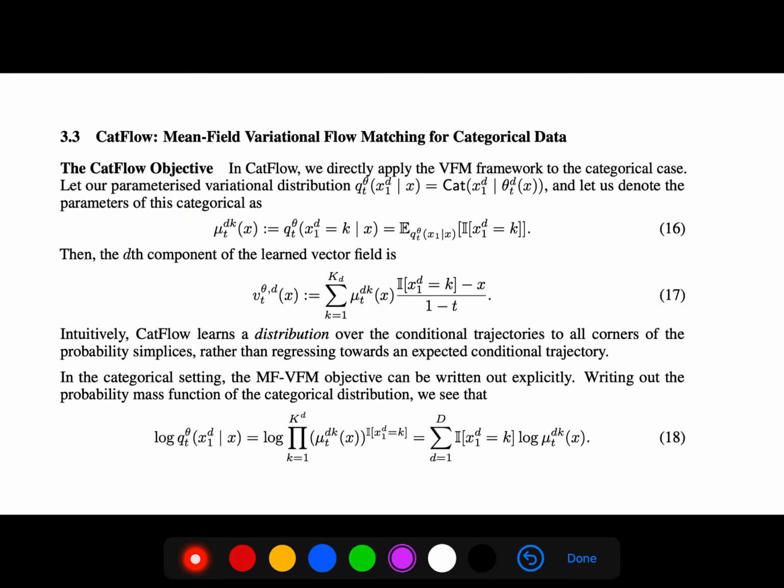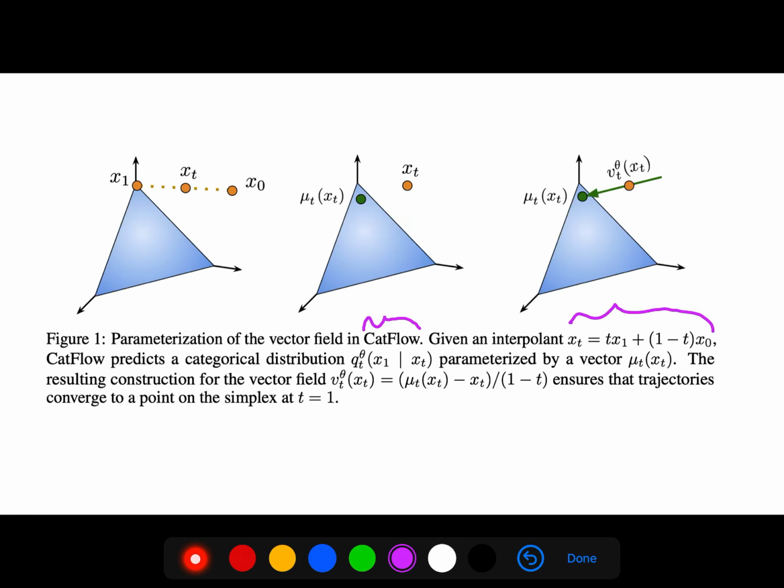So in CatFlow, we directly apply the variational flow matching framework to the categorical case. So we parameterize it like this, and then this component of the learned vector field looks like this. So it learns a distribution over conditional trajectories to all corners of that probability simplex that I showed you.